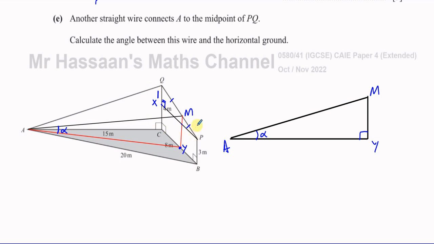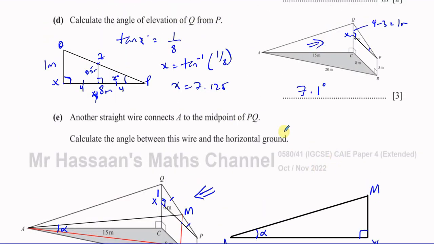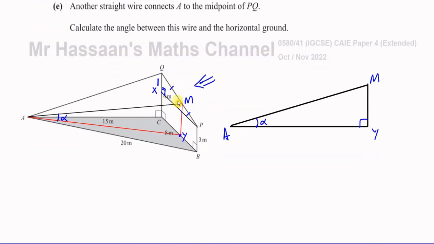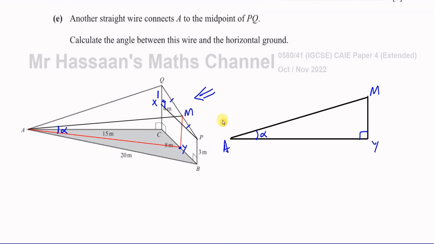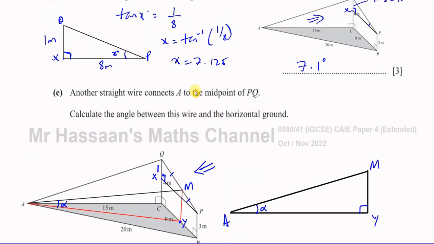If I look at this triangle now, which is the same triangle that we got up there, the triangle we used earlier, PXQ, I'm just looking at it from here. We know that this M is not actually drawn so well, so let me draw this a bit more realistically.